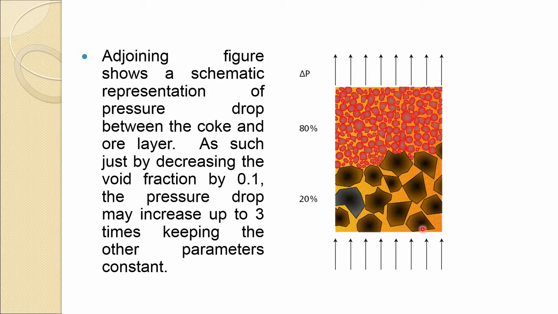So, gas obviously will take the least resistance path. It would like to flow through this, bypassing all these channels, and that deteriorates the condition of the blast furnace in terms of reduction and proper utilization of the heat. So, one has to avoid this preferential flow. There are ways by which it can be corrected.